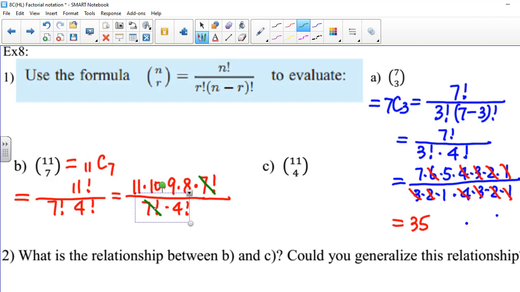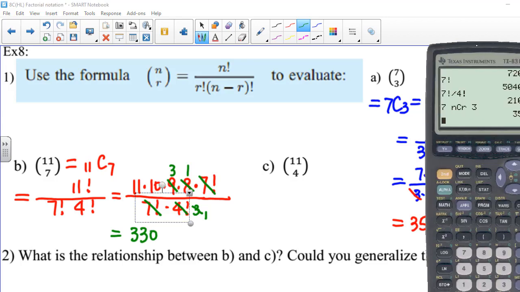4 factorial is 24. So 24 can be reduced with 8 by 8. Then reduce the 3 with 9. Make this one 3, make this one 1. So finally the answer is 11 times 10 times 3, which is 330.